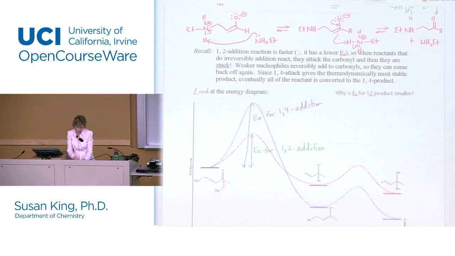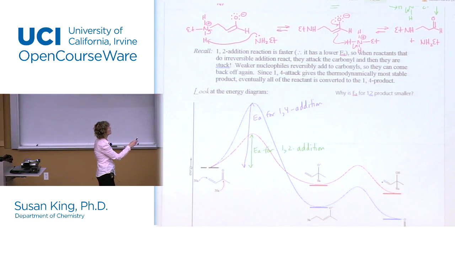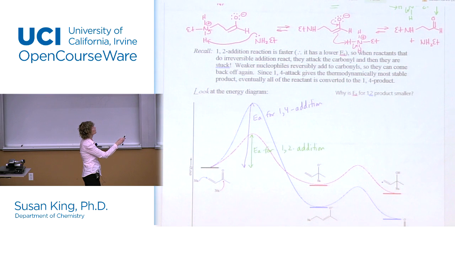The 1,4 addition on the other hand goes here. That's actually a higher energy intermediate than the enolate ion down here. And that continues, and then this also goes to the higher energy product. So some of the time, the molecules have enough energy to overcome this larger energy barrier. That goes down here, all the way here, and then goes to the more stable product.